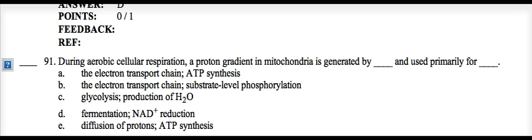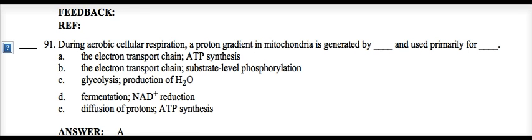The options are the electron transport chain and ATP synthesis, electron transport chain and substrate level phosphorylation, glycolysis, production of water, fermentation, and NAD plus reduction, and diffusion of protons and ATP synthesis. So pause a second and then I'll give you the answer. Okay, the answer is A, the electron transport chain and ATP synthesis.